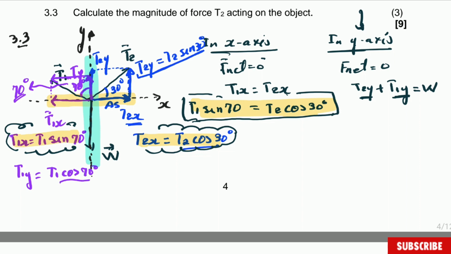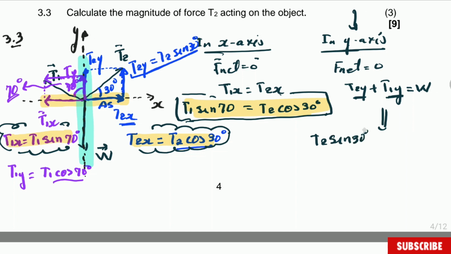And all we're going to do is substitute those two in that equation on the right. So T2 in y is T2 sin 30 degrees, plus T1 in y, which is T1 cos 70 degrees, and that is equal to weight, which is mass multiplied by acceleration due to gravity.